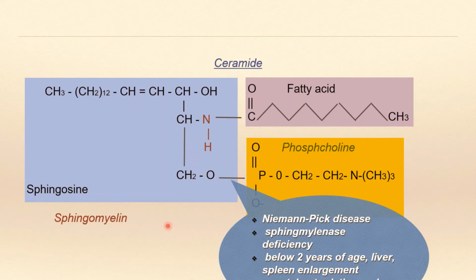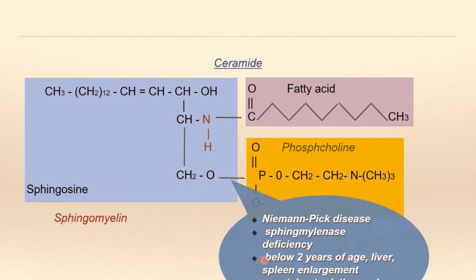Now if this enzyme is deficient in the cells, that is, sphingomyelinase has a genetic, inherited deficiency, because of this, sphingomyelin will not be hydrolyzed in the lysosomes, and it will lead to the accumulation of more and more sphingomyelin that is not catabolized.